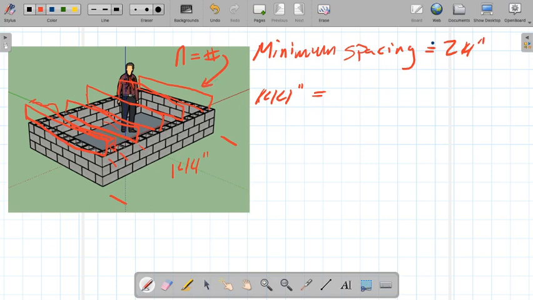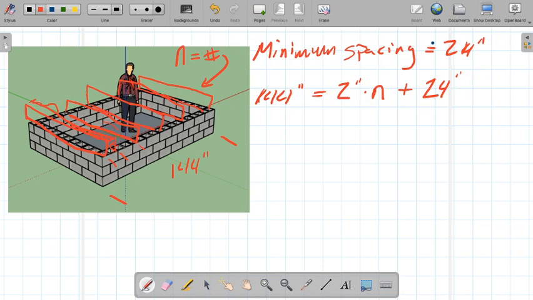If I'm using the nominal width of the actual joists themselves, I've got 2 inches times n joists, that is going to make up this 144 inch span, plus I've got a number of gaps in between. So if I look at my floor joist here, I've got a minimum of 24 inches between the joists is what I'm looking for.